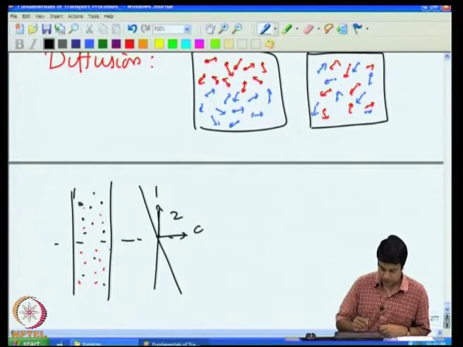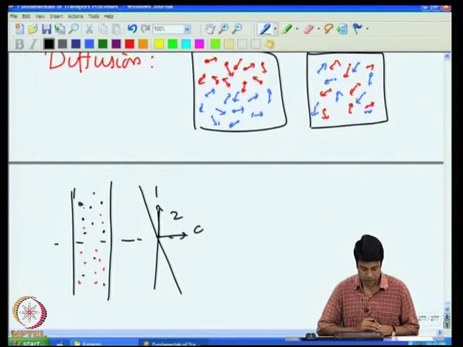And if you wait for some time, there is a net transport of the red molecules upwards and the blue molecules downwards.